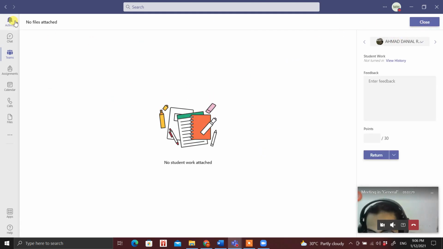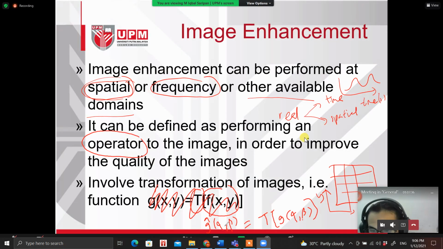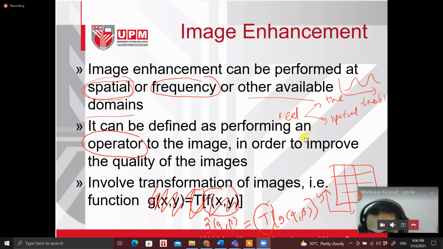If you want to relate this slide with the slides I taught you earlier, the whole purpose here is that by putting one transformation function on the output image, you should be getting a better image.